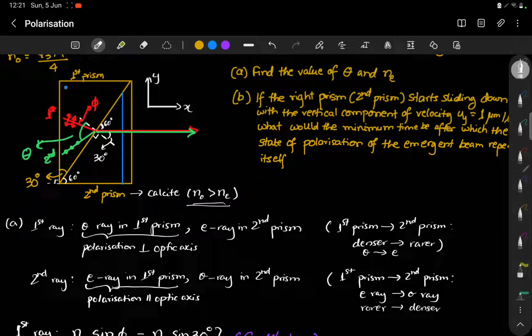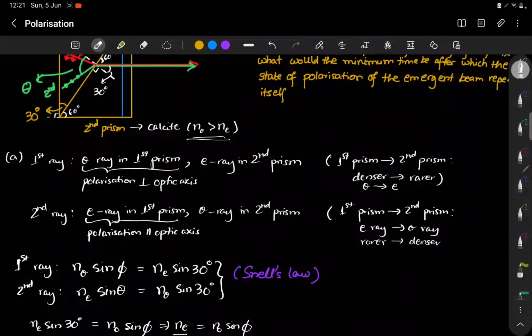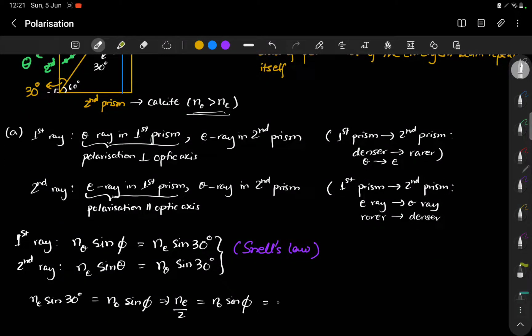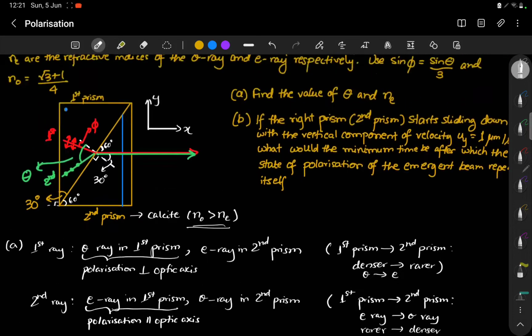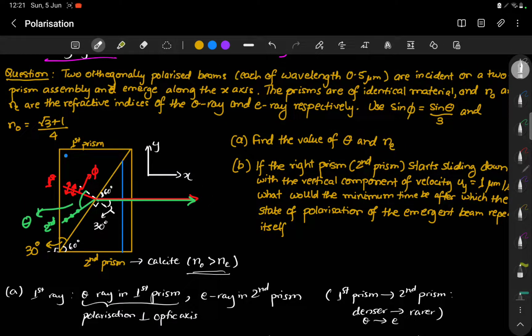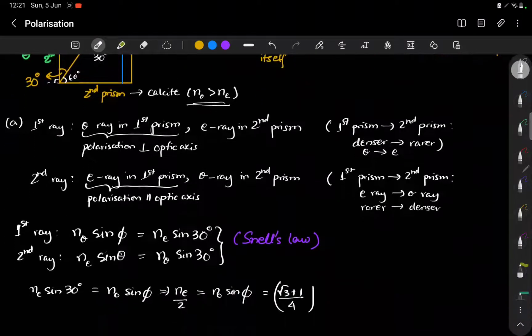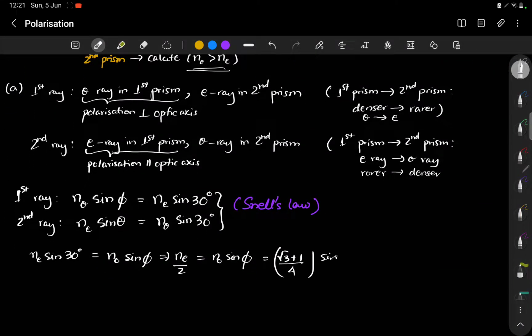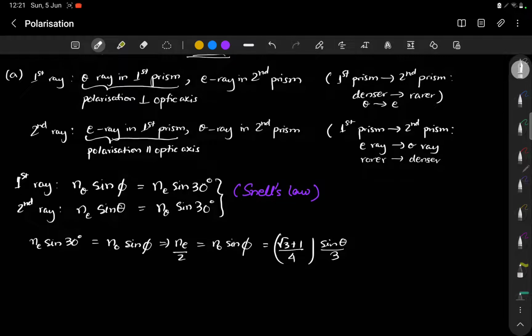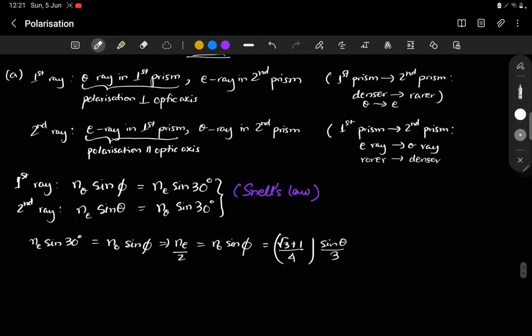NO we are given, this is root 3 plus 1 over 4, and sine phi we know in terms of sine theta is sine theta over 3. So from this we get NE in terms of sine theta as follows.